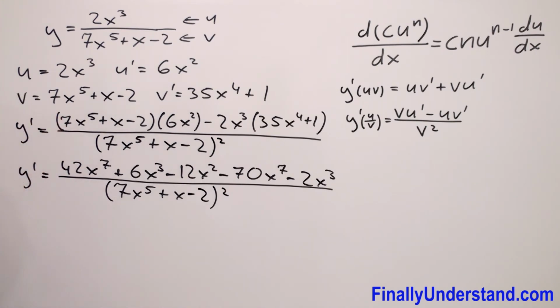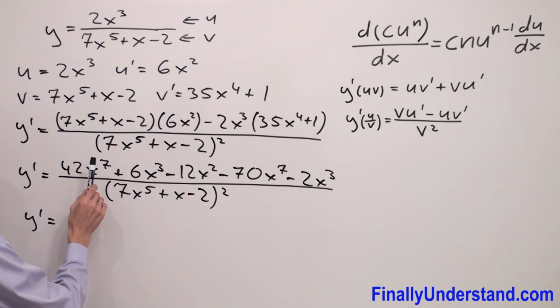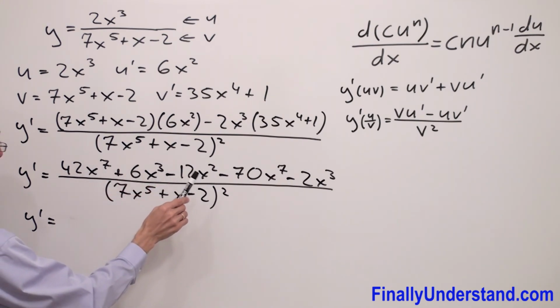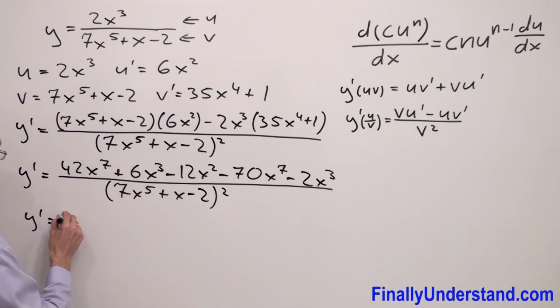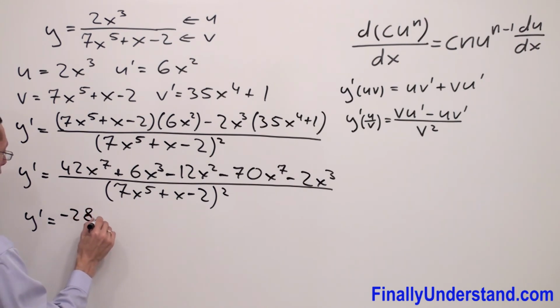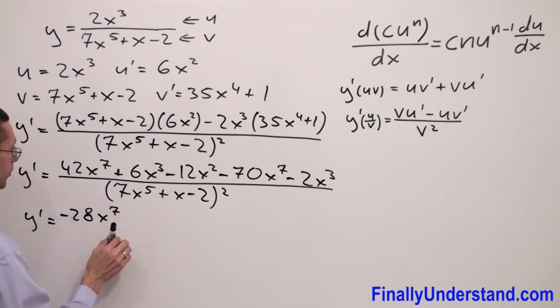Okay? So next we're supposed to organize the numerator. So if y prime is equal, we have like terms in the numerator, so that's why we have to combine them. So I have 42x to the 7th power, and I have minus 70x to the 7th power. This is equal to negative 28x to the 7th power.